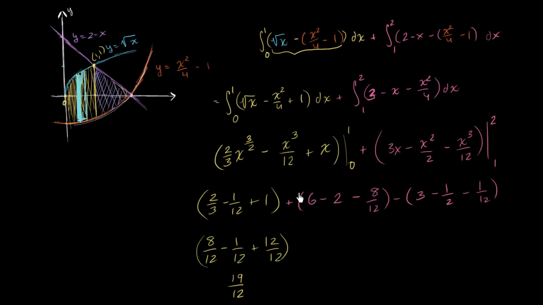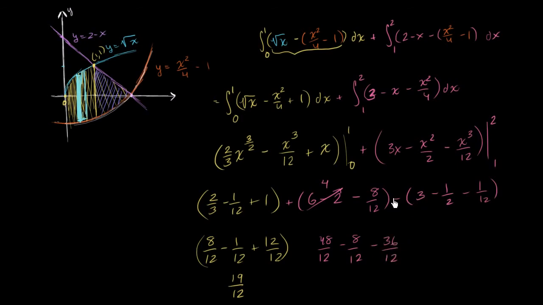And then this other part: 6 minus 2 is just going to be 4. So we can write this as 48 over 12, that's 4, minus 8 over 12. Then we subtract a 3, which is 36 over 12.